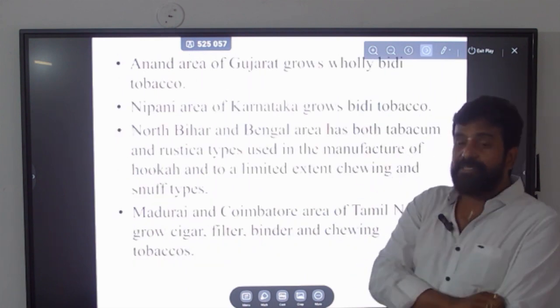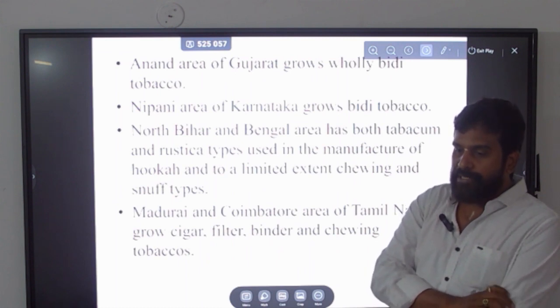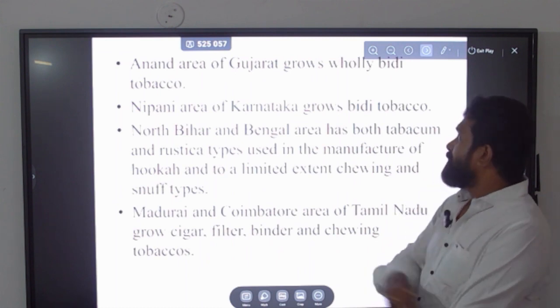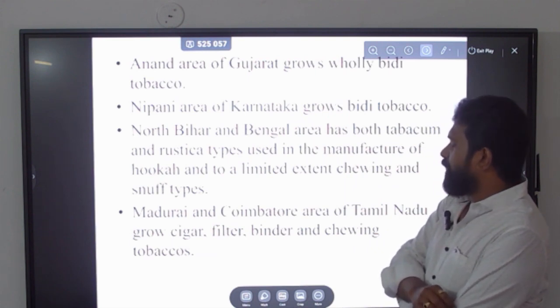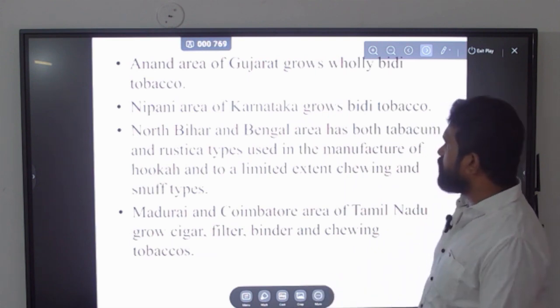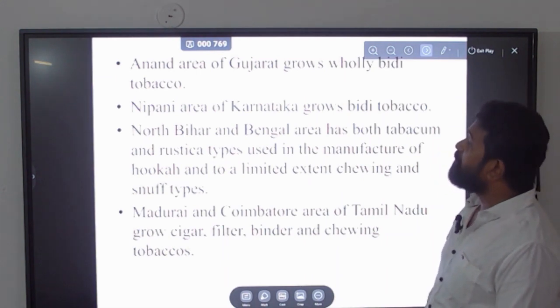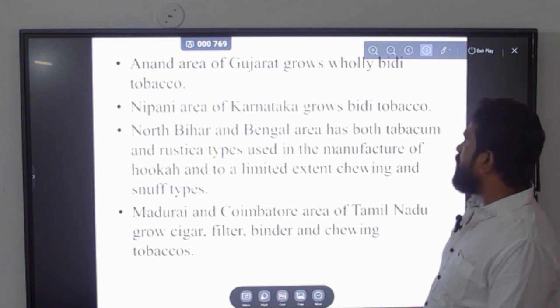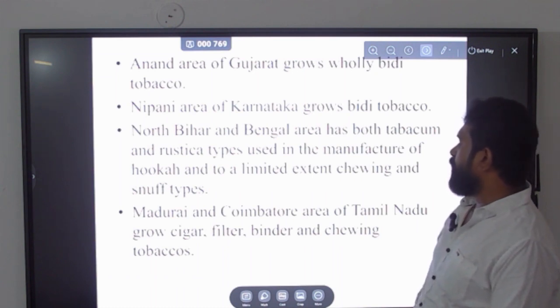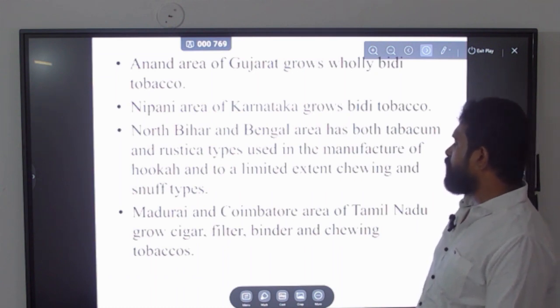You know Anand, the Anand milk unit, Amul is there. So there they are cultivating more tobacco, and also in Karnataka's Nipani area, Bengal, North Bihar, and also Madurai and Coimbatore.